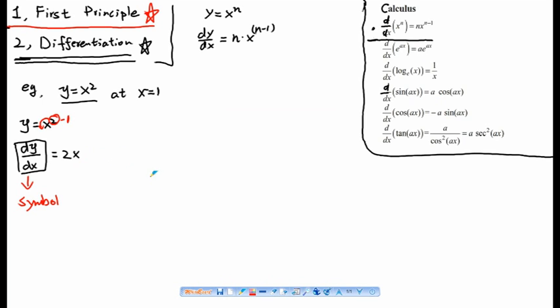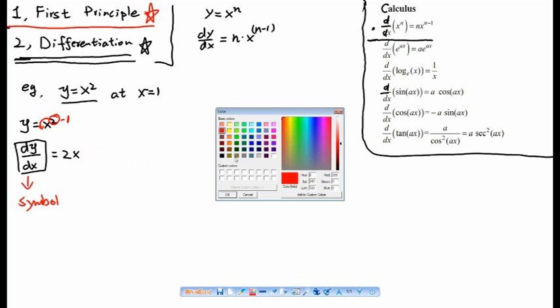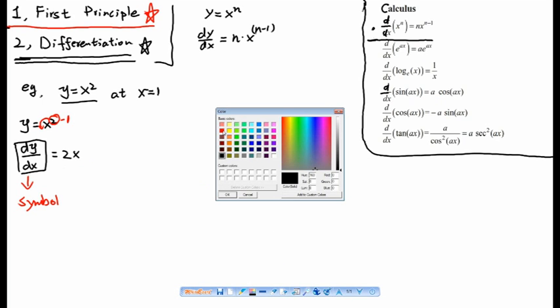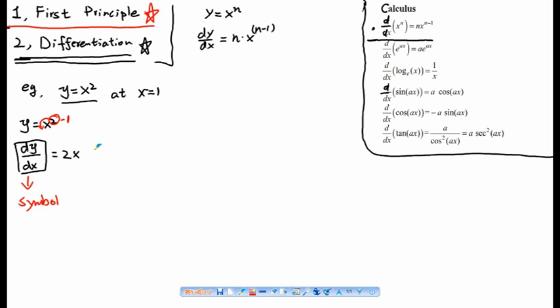That means after differentiation you will have a function, and this function is the gradient of the original graph.